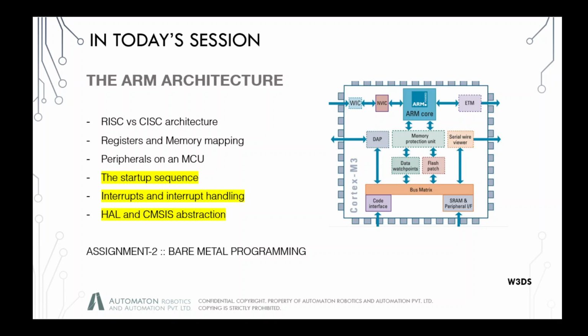I might show you one example of an interrupt, maybe in STM32CubeIDE, and then we will be talking about HAL and CMSIS abstraction. In fact, we will be talking about how it relates to bare metal programming in abstraction. Finally, I'll be demonstrating what we will be doing in bare metal programming and what your assignment is about when it comes to bare metal programming.